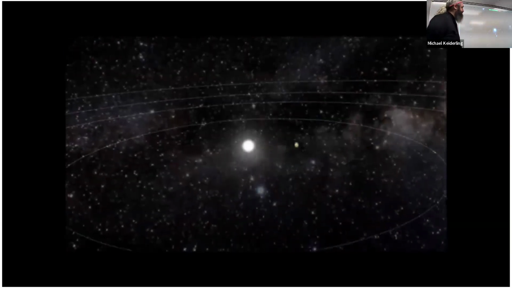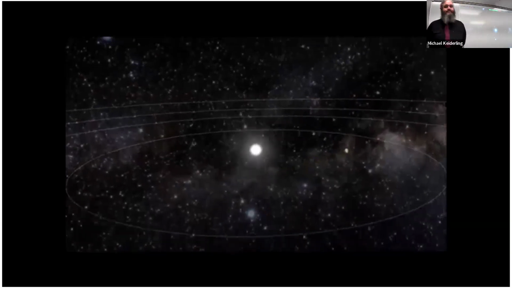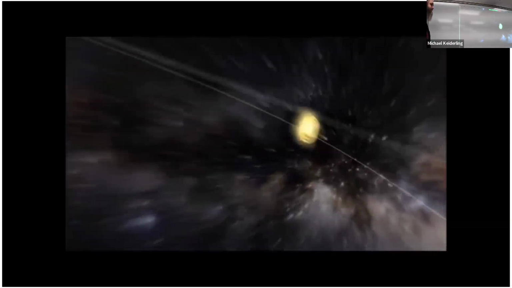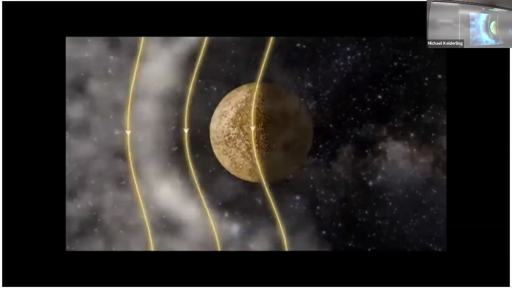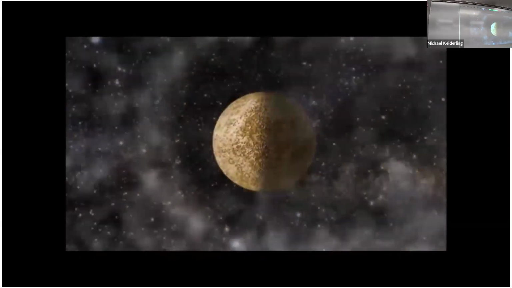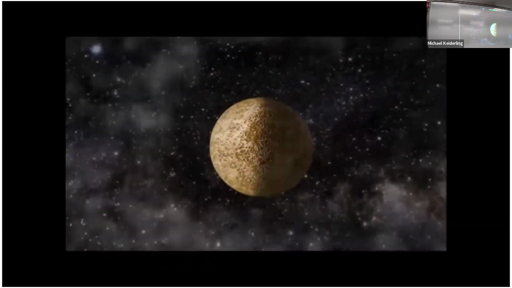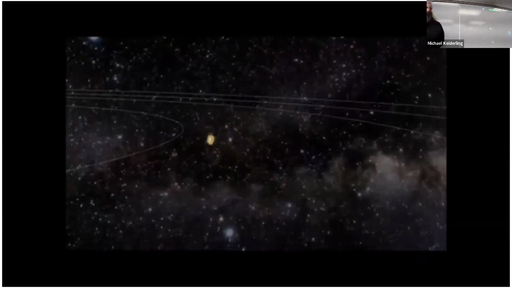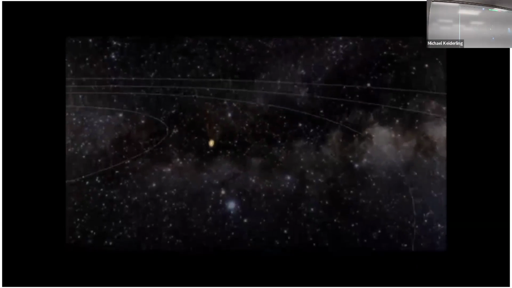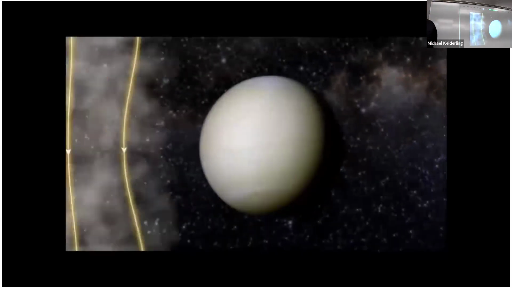The solar storm can reach speeds over 8 million kilometers an hour. After 6 hours, it blows past the planet Mercury. After 12 hours, the planet Venus.